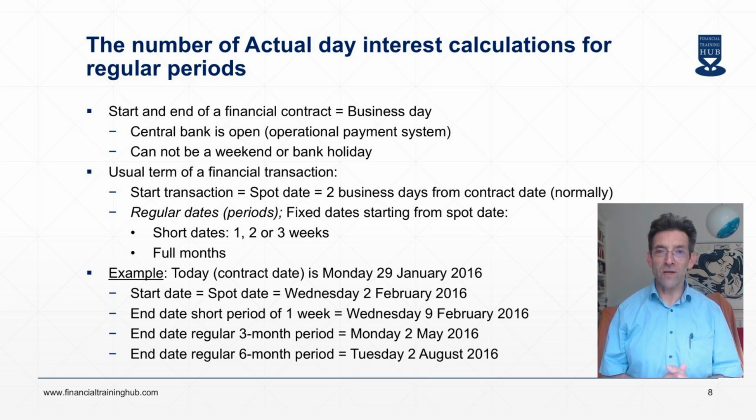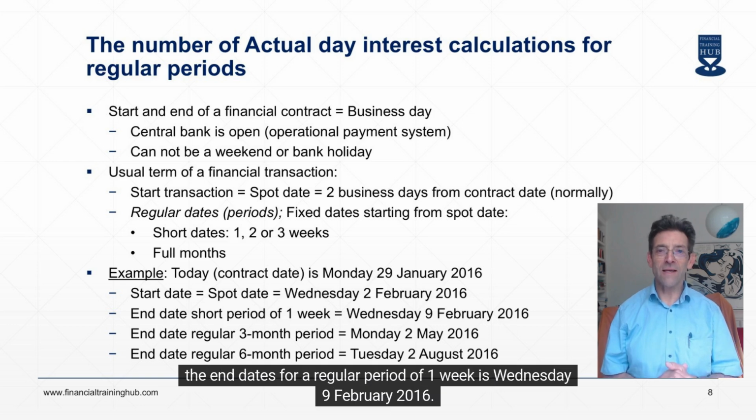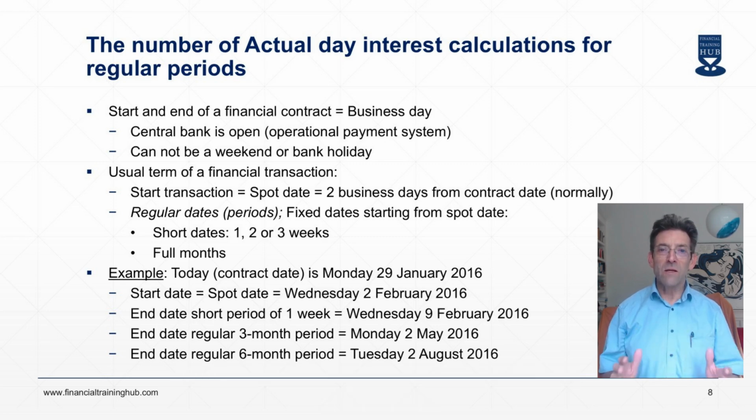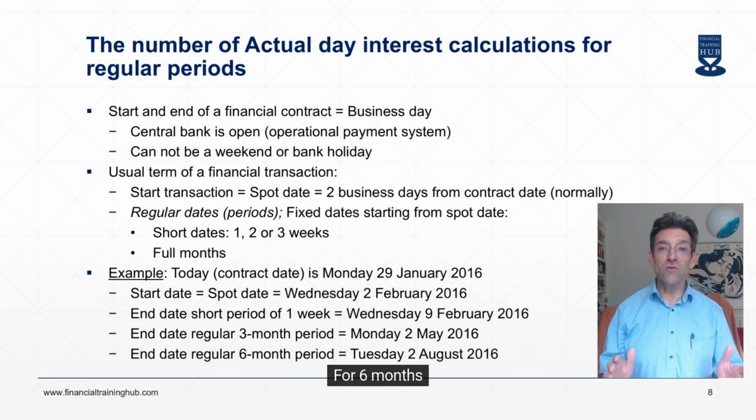For example, if the contract date is Monday the 29th of January 2016 and the spot date is Wednesday the 2nd of February 2016, the end date for a regular period of 1 week is Wednesday the 9th of February 2016. The end date for a regular period of 3 months is Monday the 2nd of May 2016. For 6 months, it is Tuesday the 2nd of August 2016.